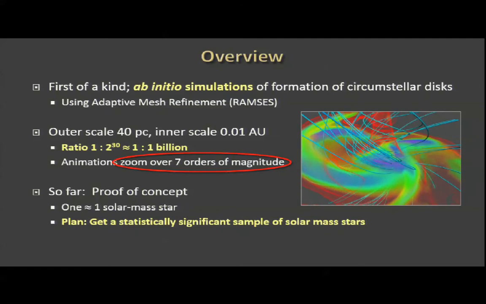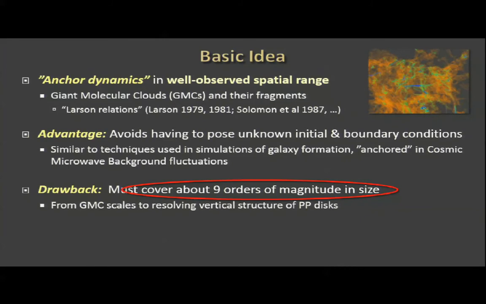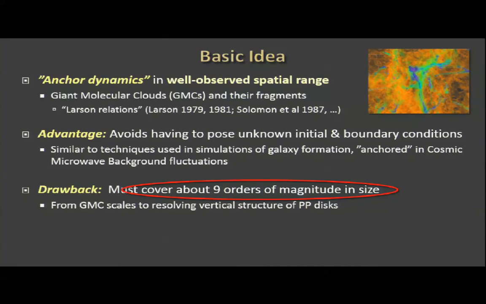But the idea is to look at a statistically significant sample of solar mass star formation, because we suspect, of course, that the variation from star to star is significant, probably more significant than the uncertainty in initial conditions at the scale we are looking. So the basic idea is to anchor the dynamics in the well-known observed spatial range of giant molecular clouds.